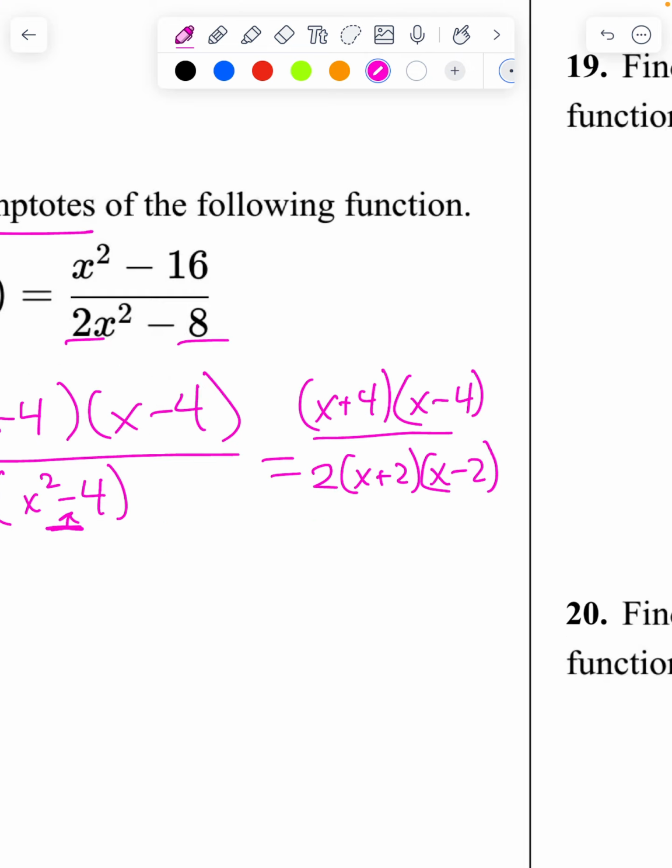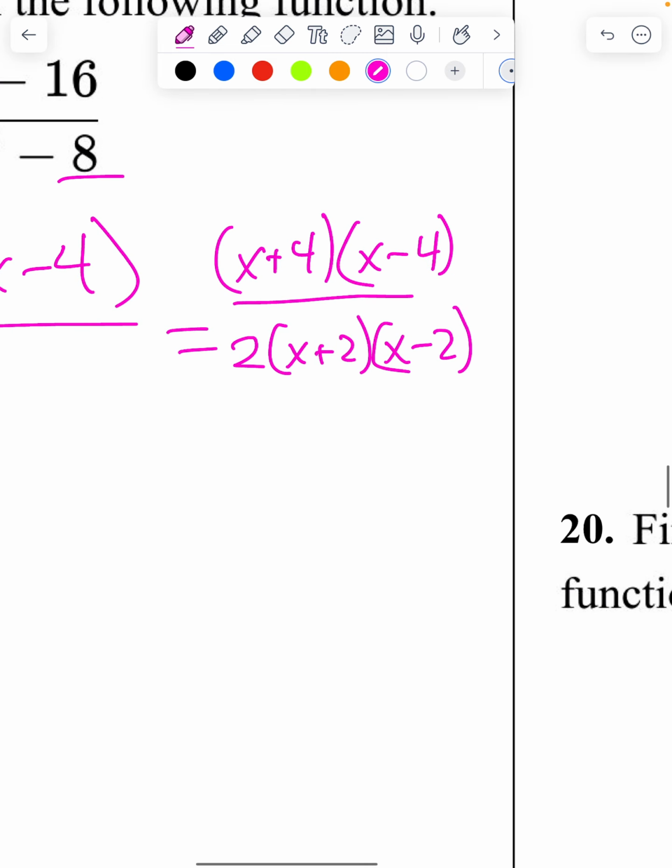Now, the reason why I factored everything out is I just wanted to make sure nothing canceled, because if it did, then I would be worried about a hole, but it doesn't. And the only thing that I'm concerned about is the parts on the bottom that have x in it and what would make zeros inside there. So the number that I would have to stick in for x here to make this part 0 would be negative 2.